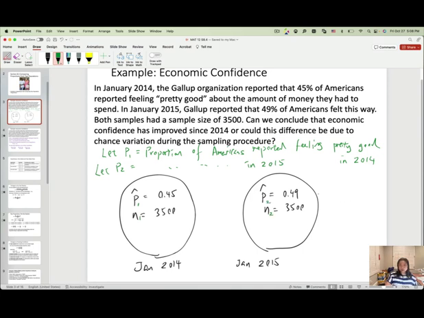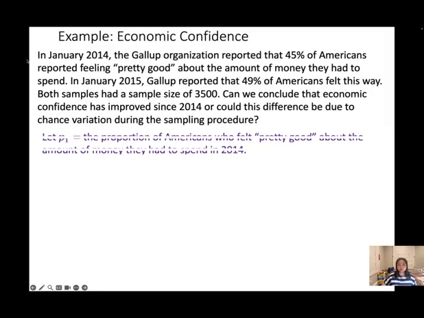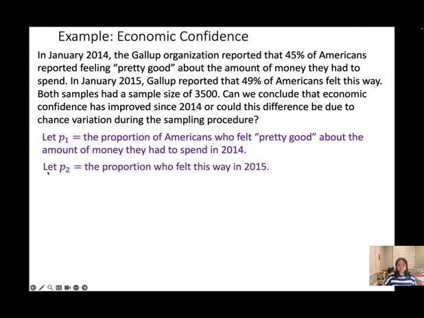Make sure you remember when you deal with two populations, you have to state which one is going to be your p1 and which one is going to be your p2. So this is what I say: let p1 be the proportion of Americans who felt pretty good about the amount of money they had to spend in 2014, and the same thing with p2 in 2015.